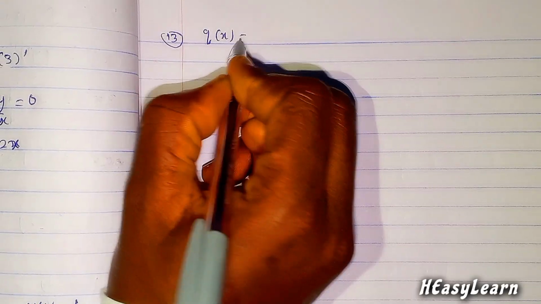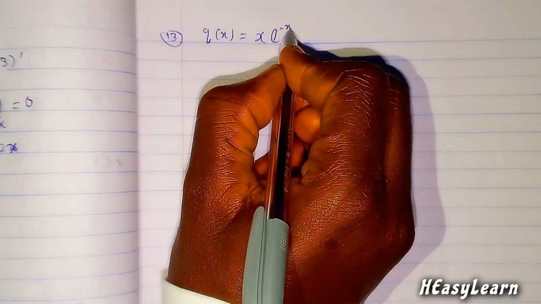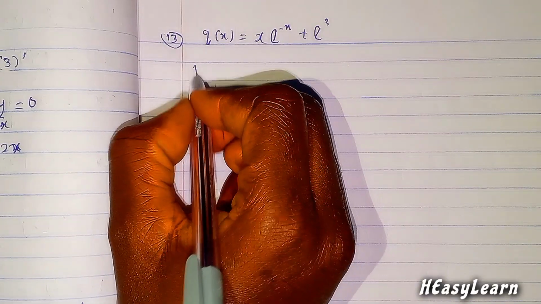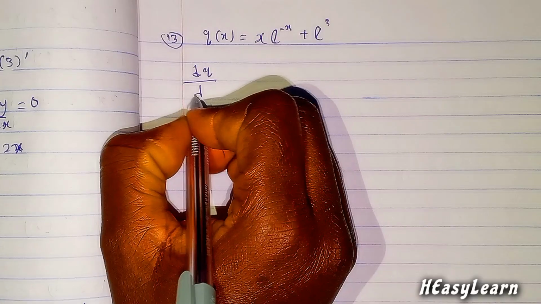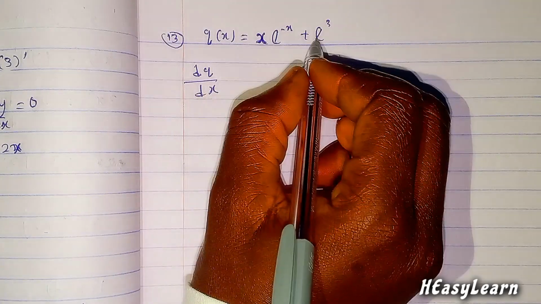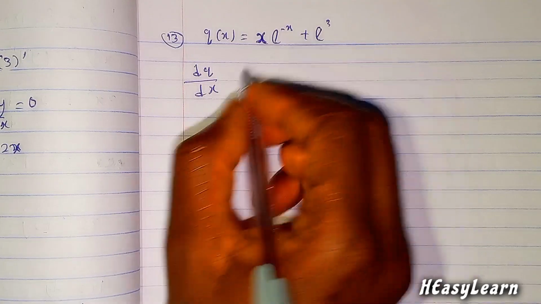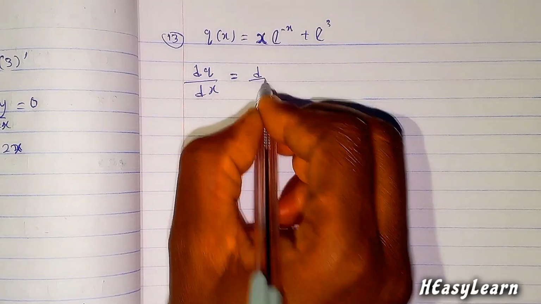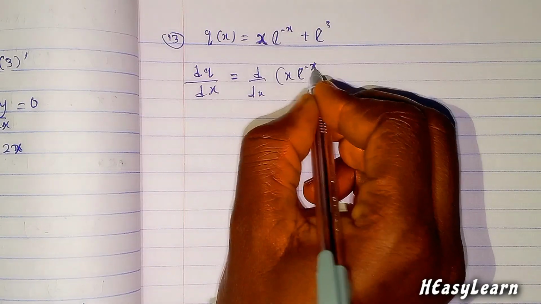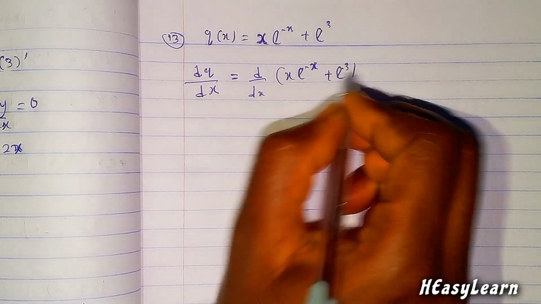Let q of x equals to x exponential minus x plus exponential 3. What is the derivative of this function? Of course, this is an exponential function multiplied by a polynomial function, plus an exponential function. This is the same thing as d/dx of x exponential minus x plus d/dx of exponential 3.